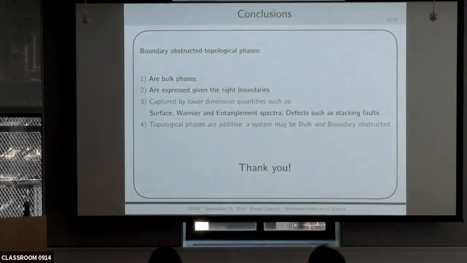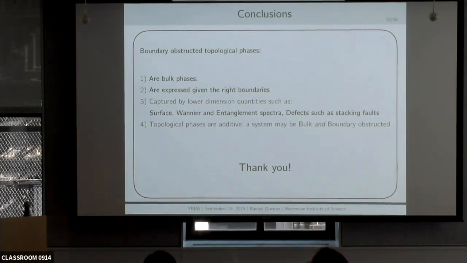I want to rephrase that boundary obstructed phases are in fact bulk. There is a bulk characteristic of crystalline systems. They are expressed given the right boundaries. You need to choose the right boundaries to capture them.